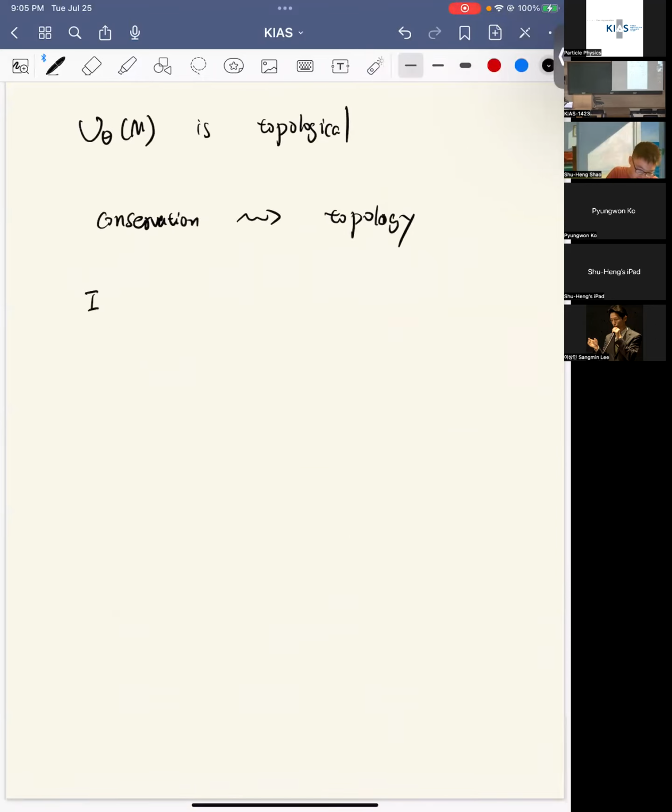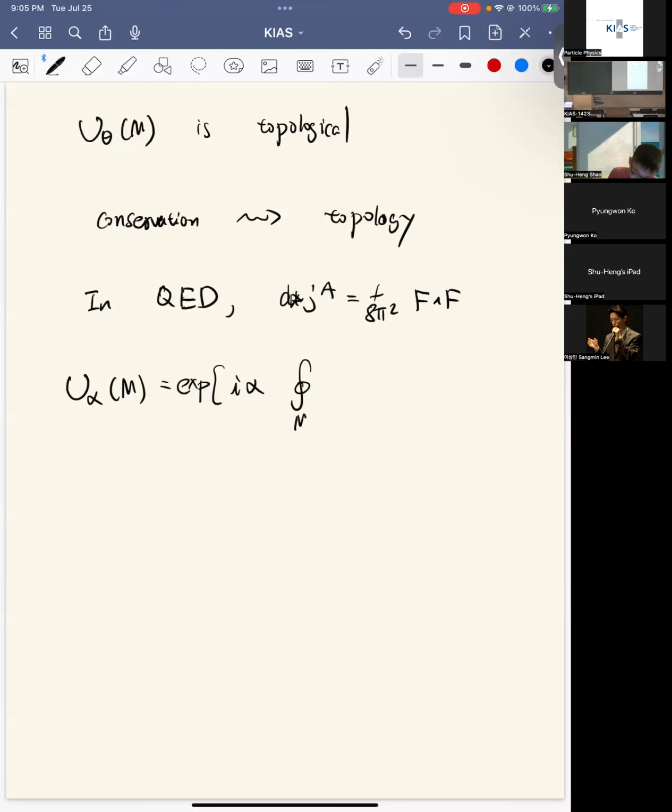But in ABJ, in QED, we don't have that. d star j^A is 1 over 4 pi squared F wedge F. So if you naively define the operator as we just did, let me change it to alpha, this is not conserved, or more generally, not topological.